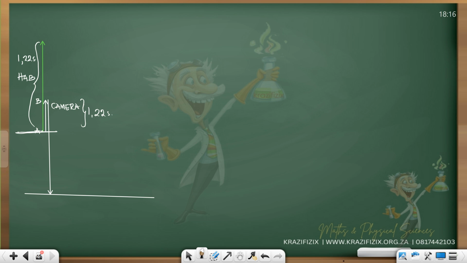Let's calculate the position. Delta y equals Vi delta t plus half a delta t squared. This is for the hot air balloon. We chose upward as positive, 12. This is 1.22.